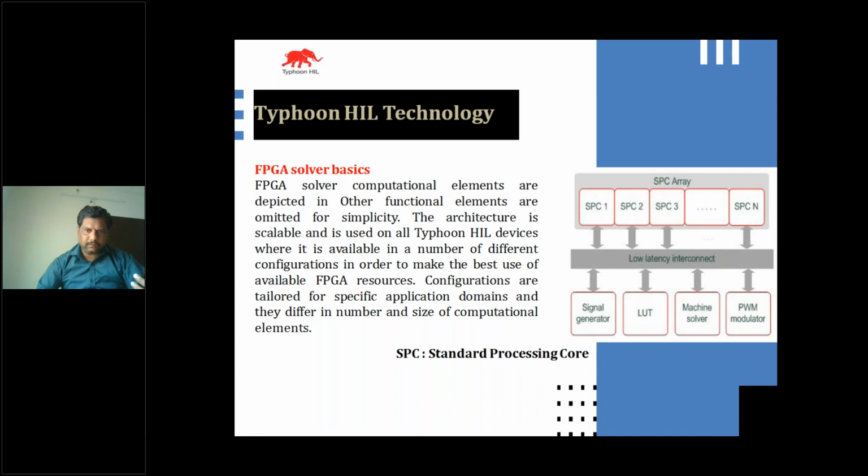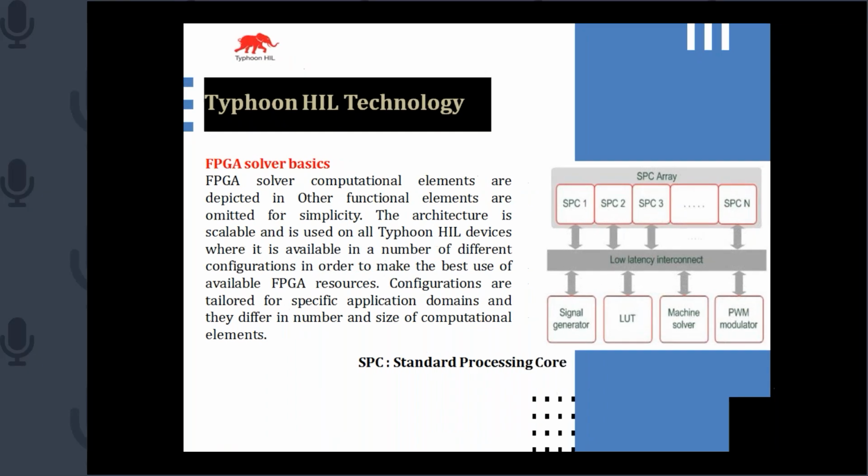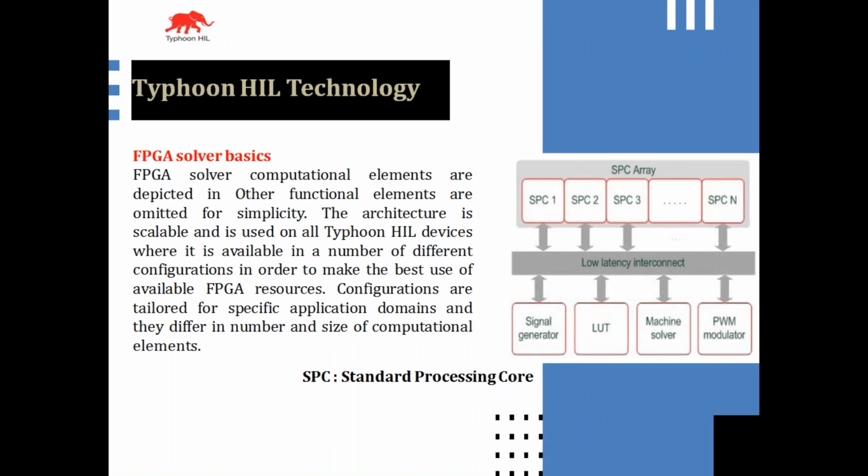Actually, we have different configurations for our HIL boxes, like for 4 series and for 6 series. For 402, we have 2 configurations, so they are different configurations, and you need not worry; you can change the configuration if you want to use the time varying and non-ideal switches.